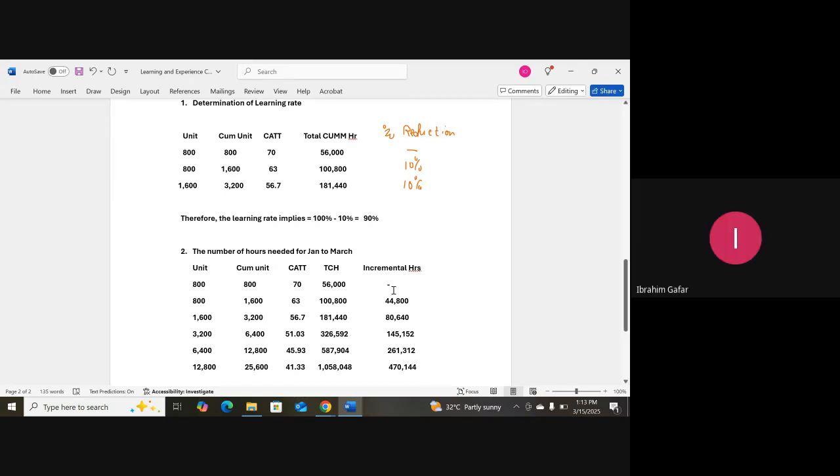So that's what I mean by incremental. Is it clear?